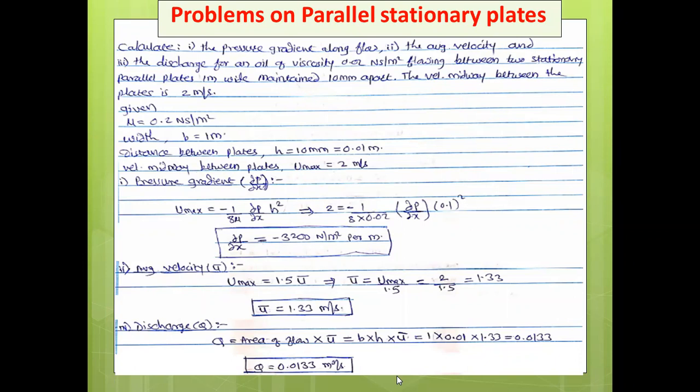So first of all, write down the given things. What is given? If you go on reading from the first line, you will get the viscosity. Mu is given, mu is equal to 0.02 Newton second per meter square.